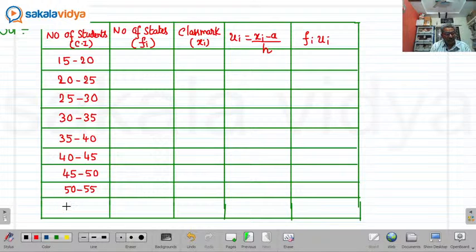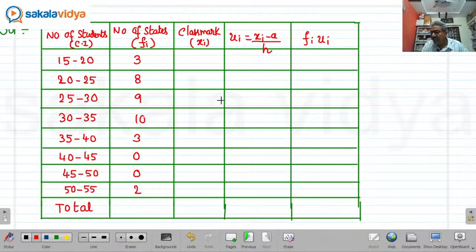Next, this will be total. Right. So number of states we have here 3, 8, 9, 10, 3, 0, 0, 2.